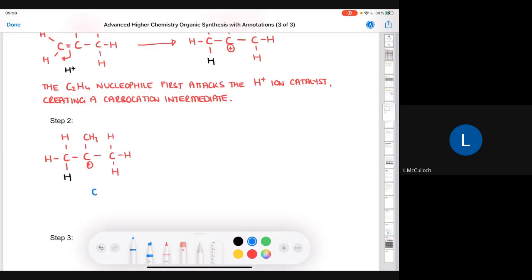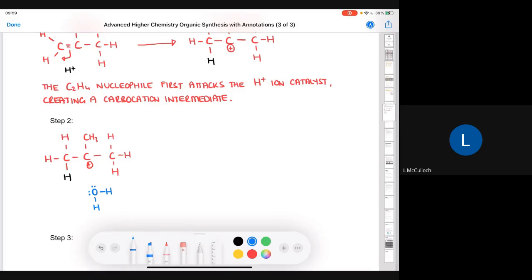Now, on the water molecule, I'm going to pop the lone pairs on the water so that we can see them, there and there. And one of those lone pairs is going to attack the positively charged carbocation, forming a bond between the entire water molecule and the carbon with the positive charge.